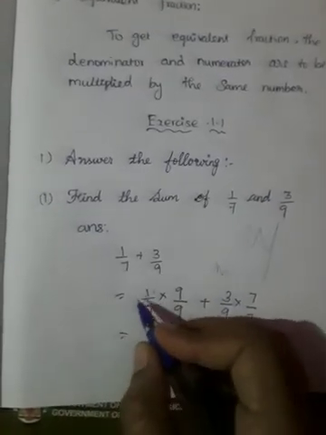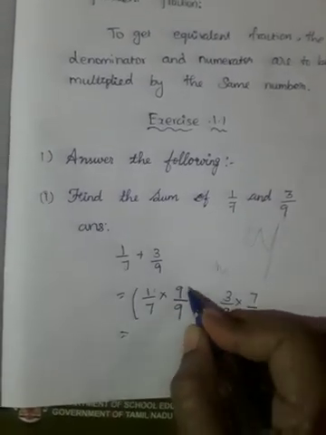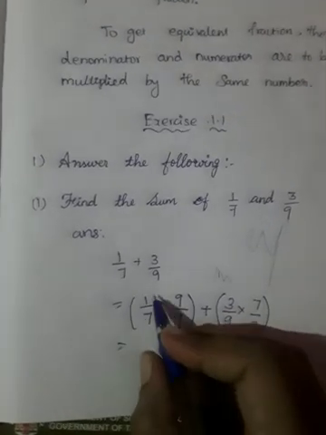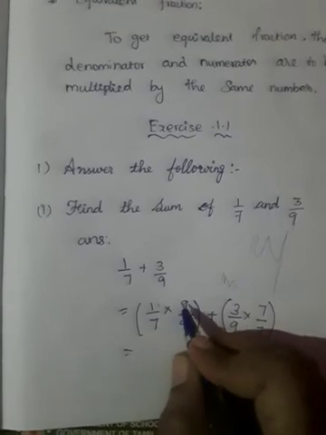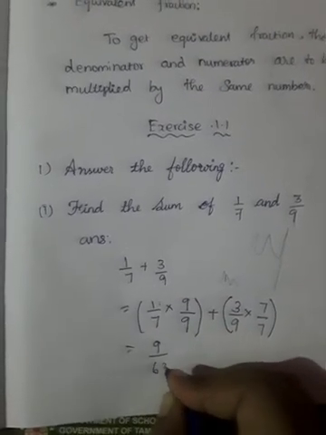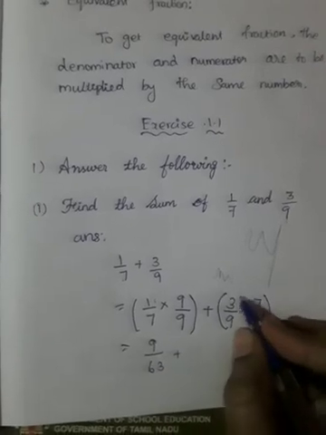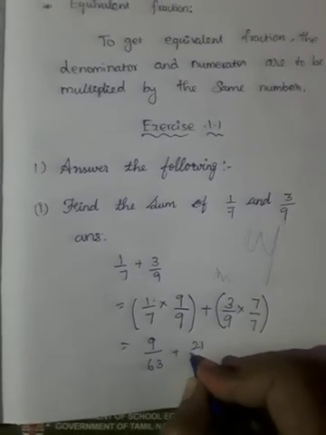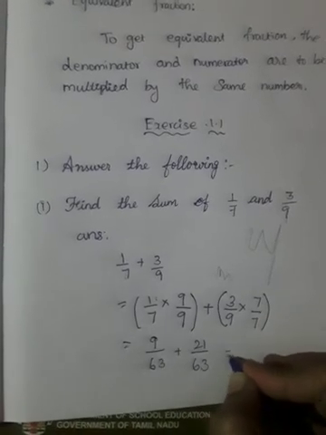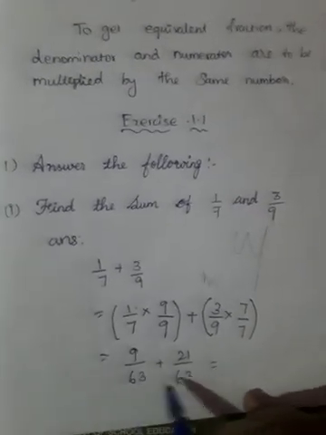Now let's check. Do the multiplication first. If you have any confusion, you can put a bracket, then you will feel it is easy. Then multiply as usual. 1 9s are 9. 7 9s are 63. 7 3s are 21. 9 7s are 63. Now check the denominators.